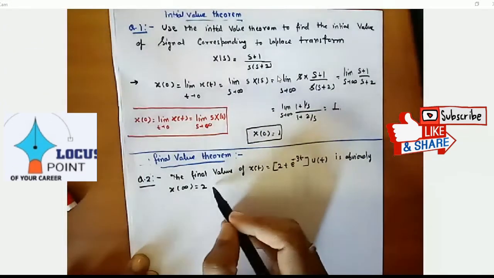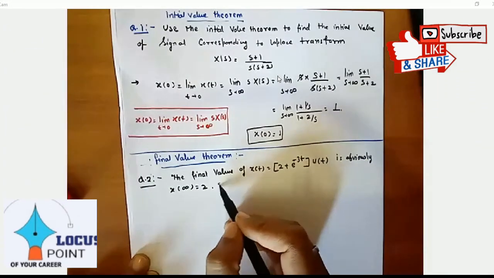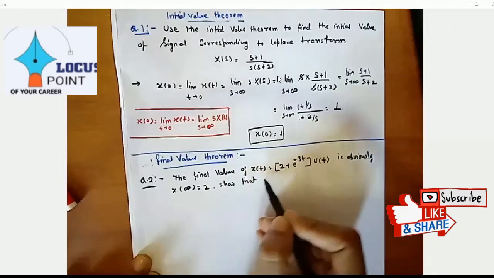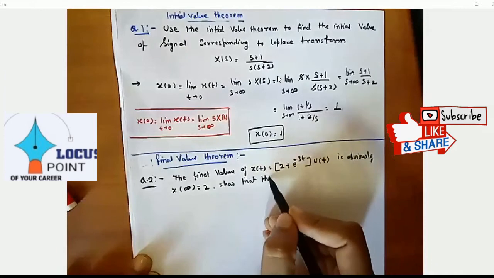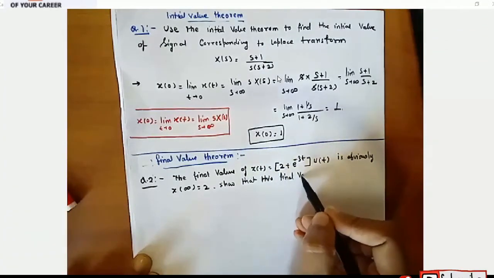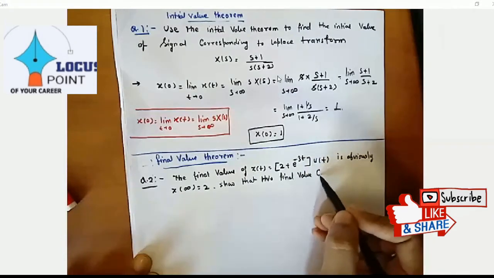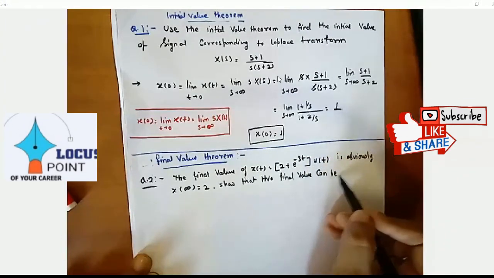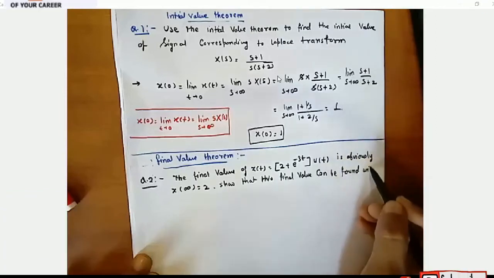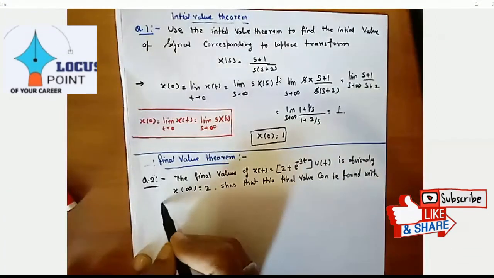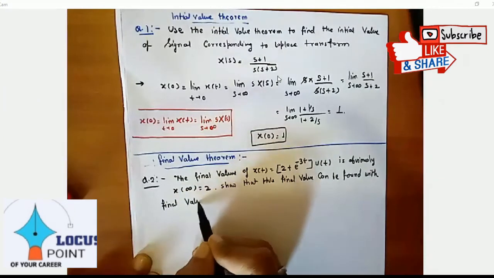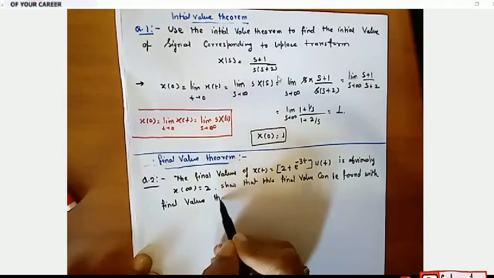So it is obvious. The question is, this final value can be found with the final value theorem.